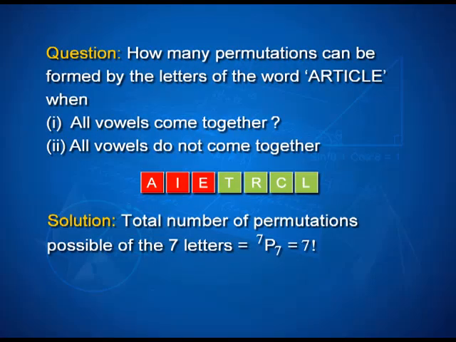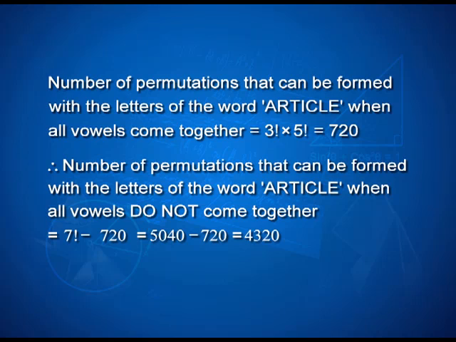From here, if I subtract the number of ways in which the vowels stay together, that is 7 factorial minus 720, then the answer, 4320, is the number of ways in which words can be formed by the letters of the word ARTICLE when the vowels do not come together.